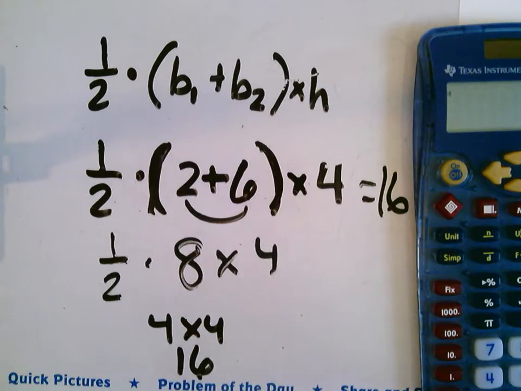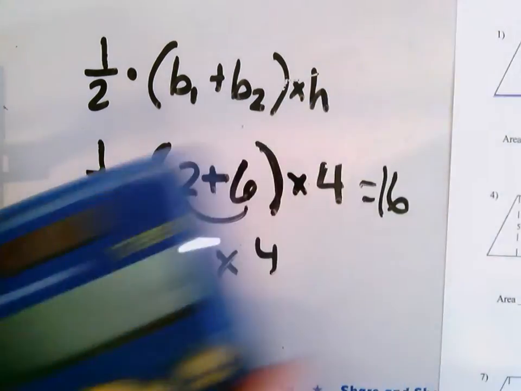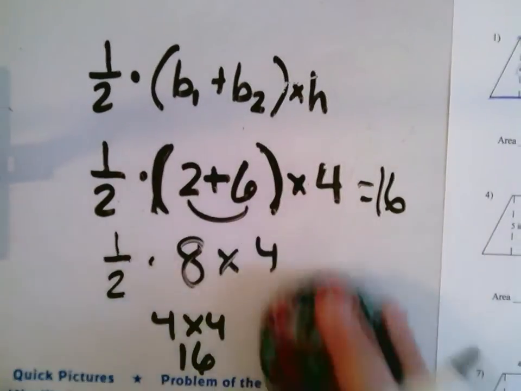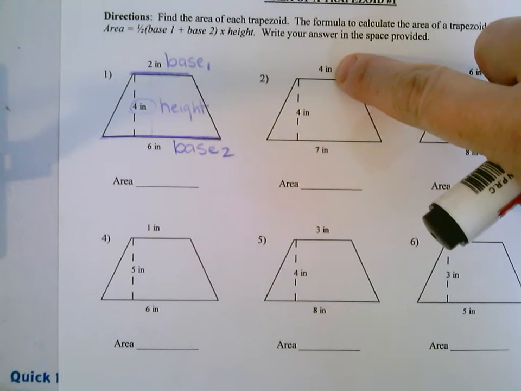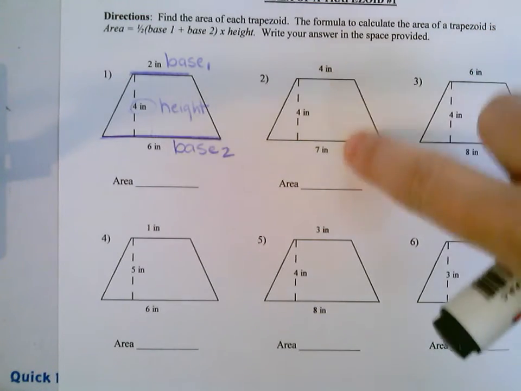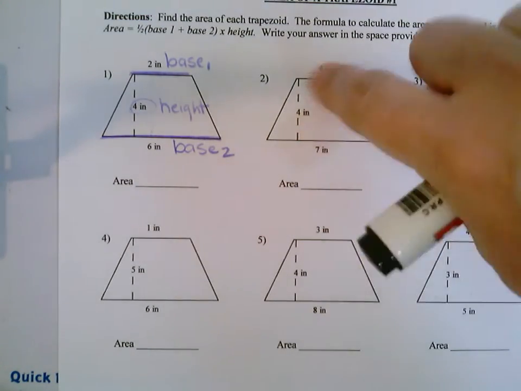All right, let's do one more example. Here I have a base of 4 inches, base 1, and my base 2 is 7 inches, and my height is still 4.